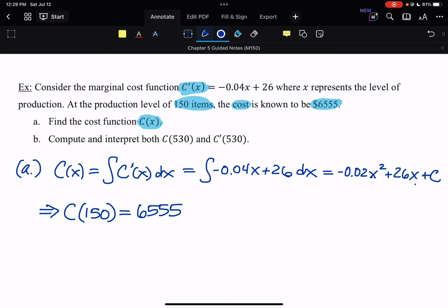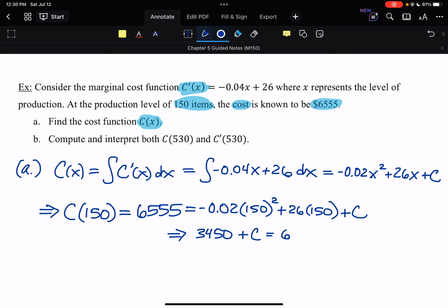And we have the formula right here for the cost. So the cost with 150: negative 0.02 times 150 squared plus 26 times 150 plus c. If you run these numbers through your calculator, that's 3450 plus c equals 6555.